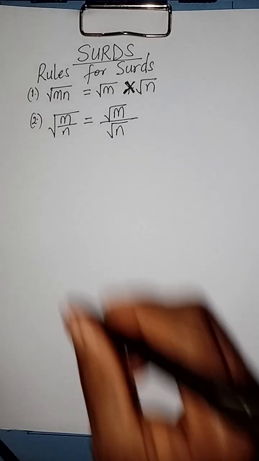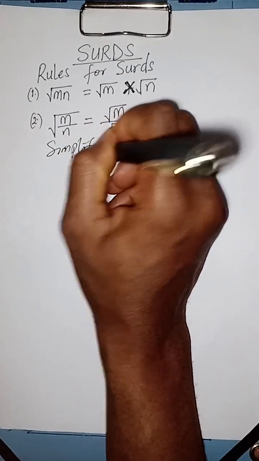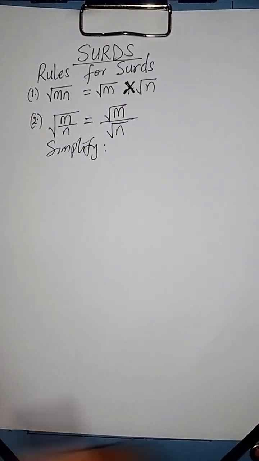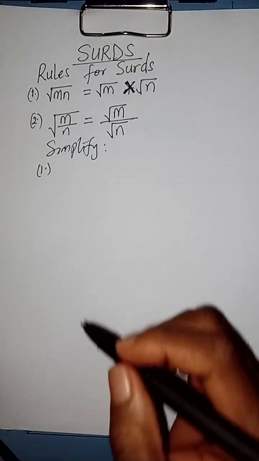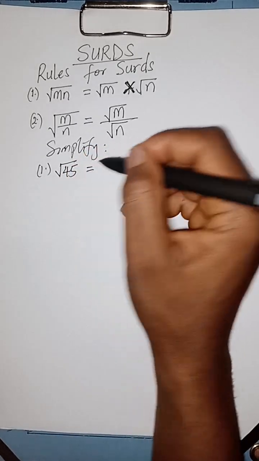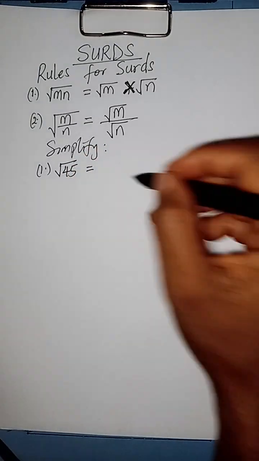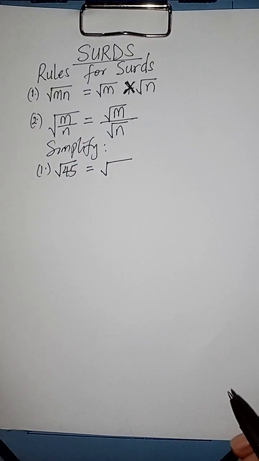Okay, at this point, let's simplify some surds using these rules. Number one, if I have this question, root 45, and the question says I should simplify. What I would do is look for two numbers that are factors of 45.